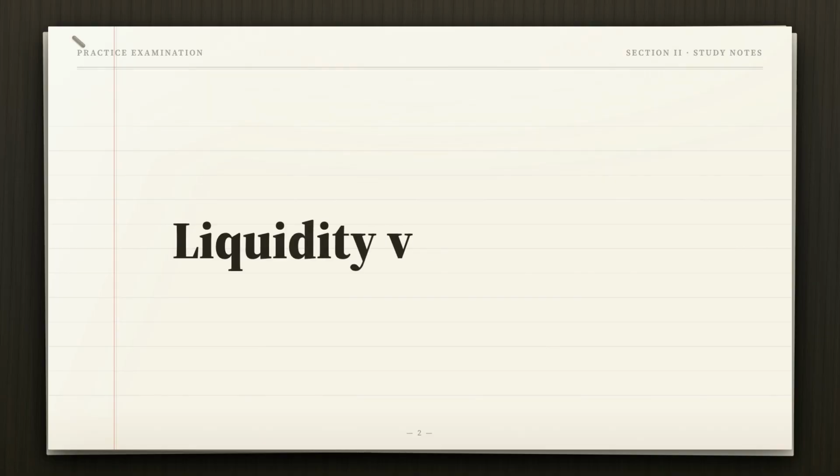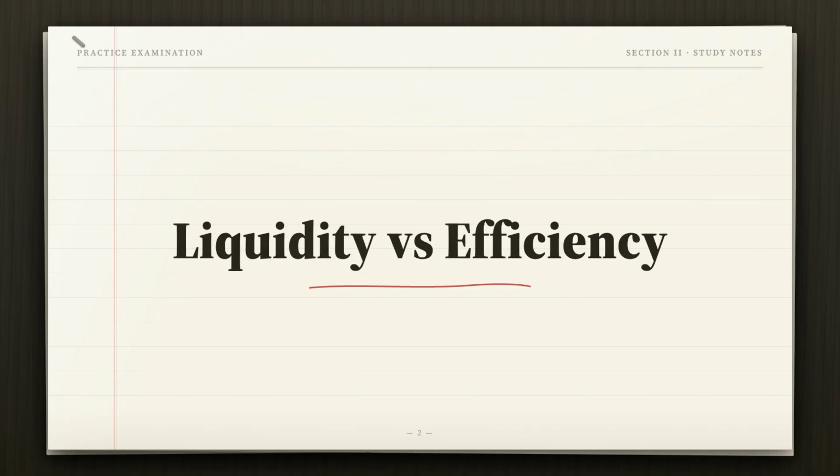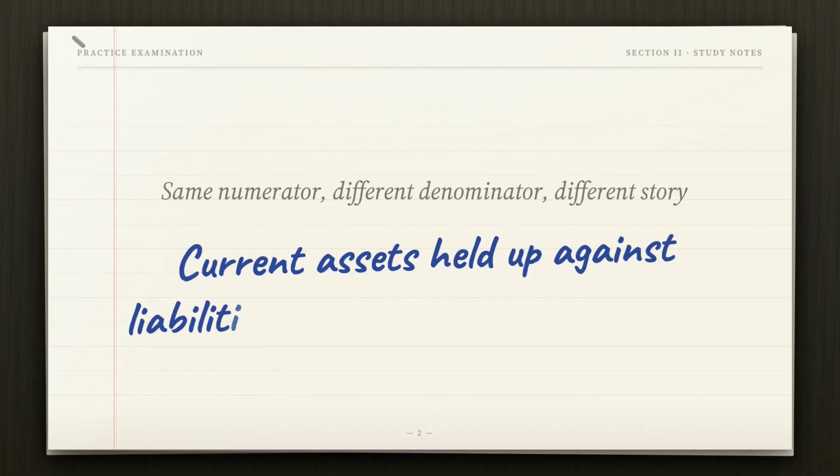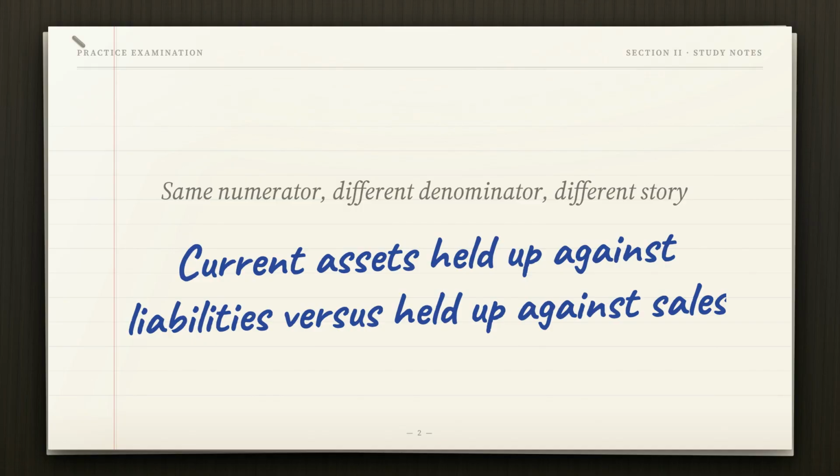Once we know a company can pay its bills, a new question emerges. How hard is its money actually working? That question isn't about liquidity anymore. It's about efficiency. Liquidity compares current assets to current liabilities, asking whether the company is safe.